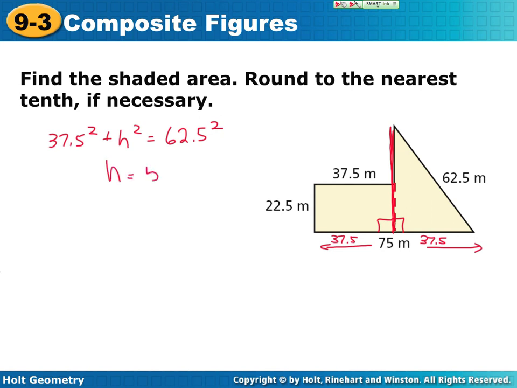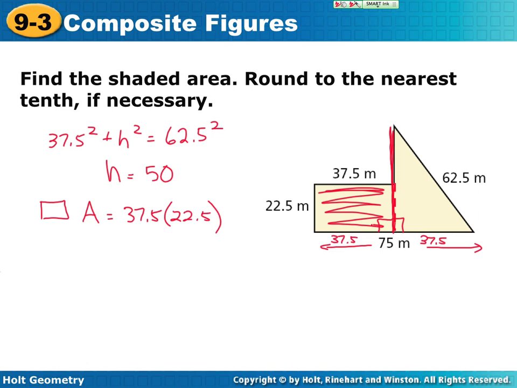Okay, so the height we wanted was 50, you said? Exactly. All right, so you found the area of this rectangle, 37 and a half times 22 and a half. And then the triangle was 1/2 of 37 and a half times 50.